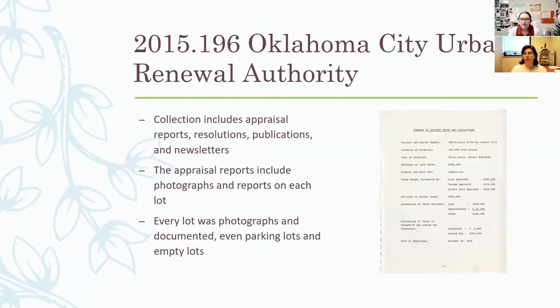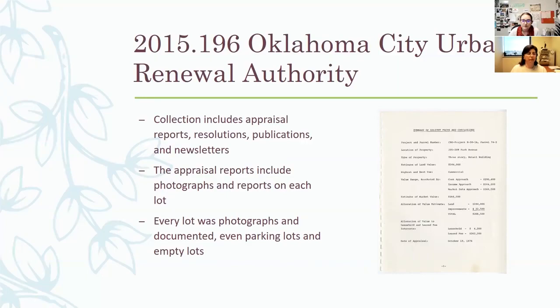So I'm going to go over some of the collections that we have in our archives that will help you looking at land records or looking for specific addresses or buildings or things like that. The first one is the Oklahoma City Urban Renewal Authority collection, and it's an extensive collection that includes appraisal reports, publications, newsletters, and resolutions regarding urban renewal.